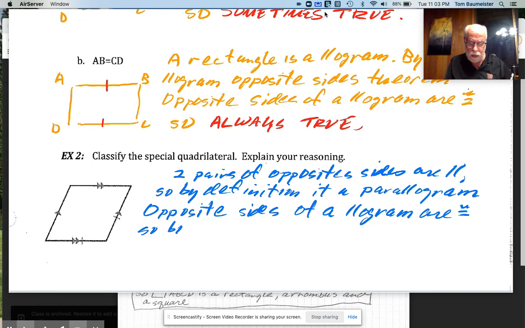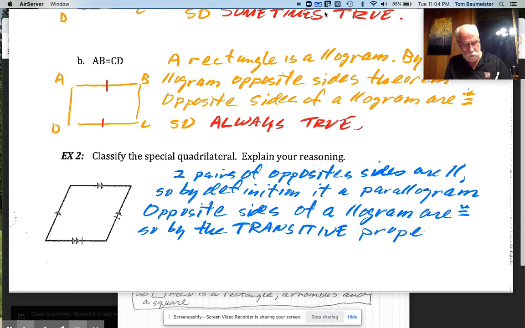So by the transitive property, and that was in chapter 2, if A equals B and B equals C, then you can say A is equal to C. That's what the transitive property is saying.